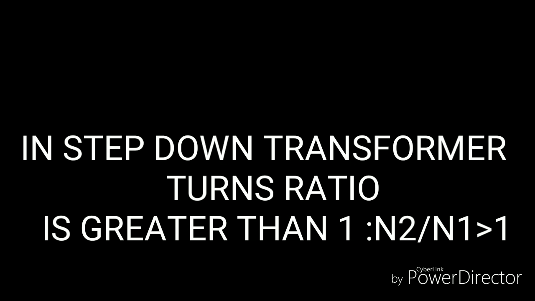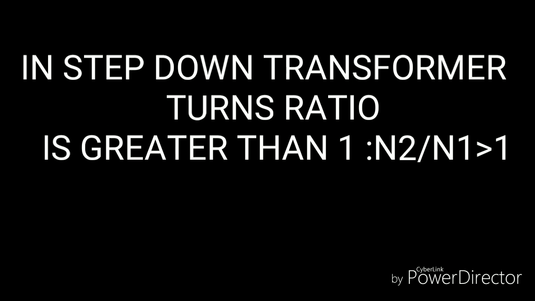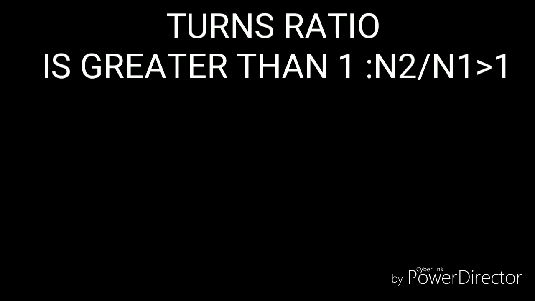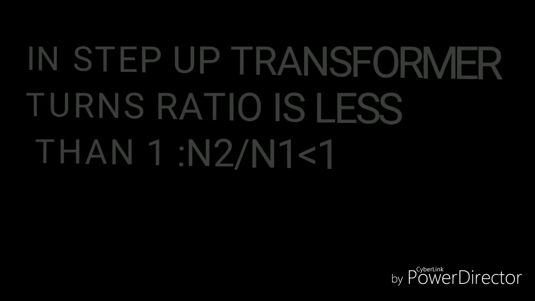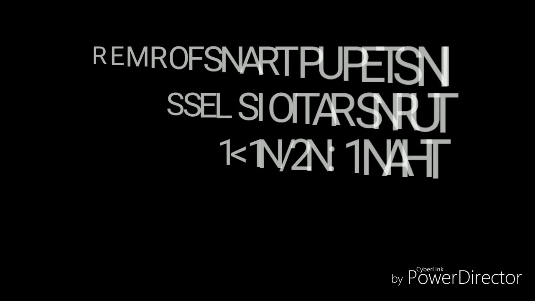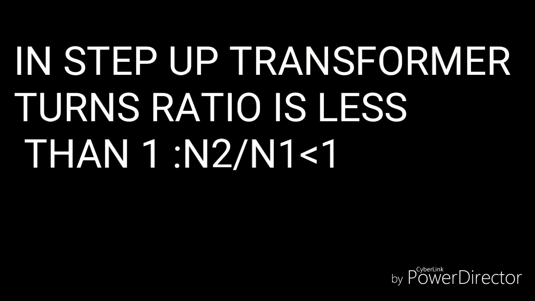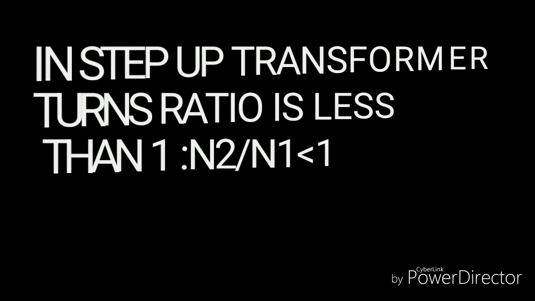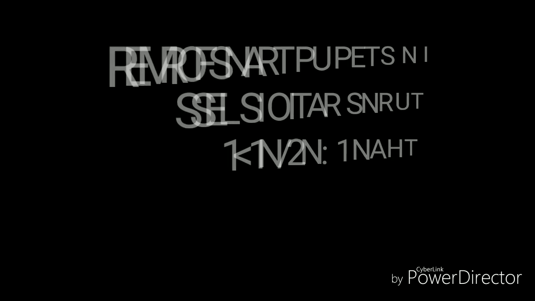And what is step up? A step up transformer has fewer turns in the primary winding and more turns in the secondary winding. So these are the basics of transformers, and this is for today.